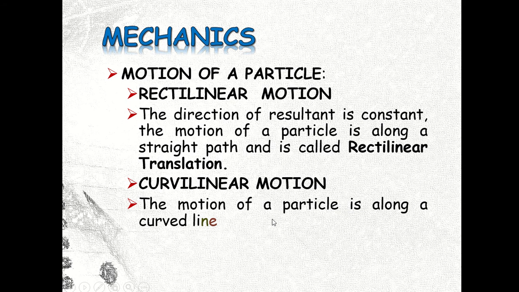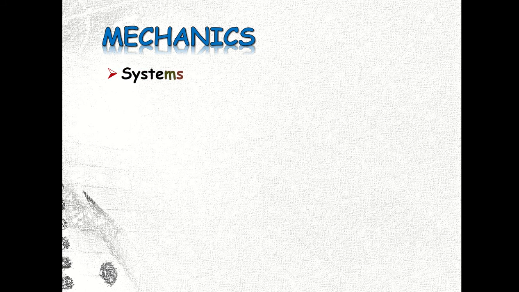So the motion of a particle in this particular situation is along a curved line in two or three dimensions. So it's not a straight line anymore. It's a curved line in 2 or 3 dimensions.